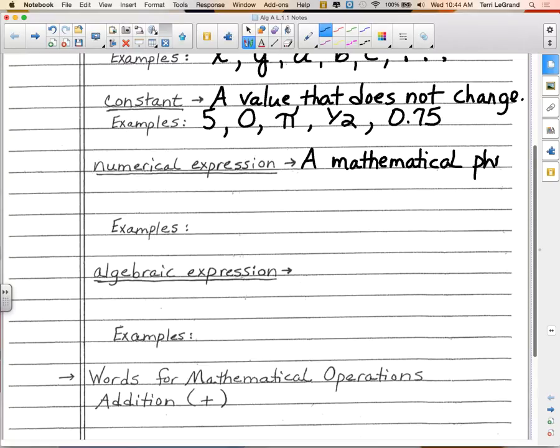These are your notes for you to use to help with homework, to study from, to use on quizzes. Make sure you're making them useful. A mathematical phrase that contains, so what's it made up of, in other words?